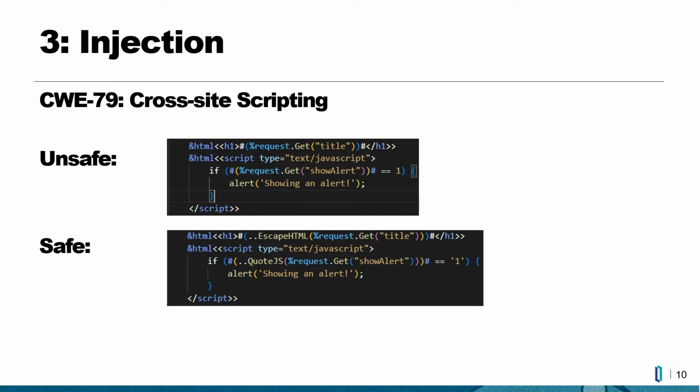The other mode of this is stored cross-site scripting, where the attacker saves malicious code in some field into the database such that when a page reloads, that stored content is rendered back out as code and runs in the victim's browser. So the way to protect against this in a CSP setting would be to use the EscapeHTML and QuoteJS functions from %CSP.Page, depending on the context that you're in.